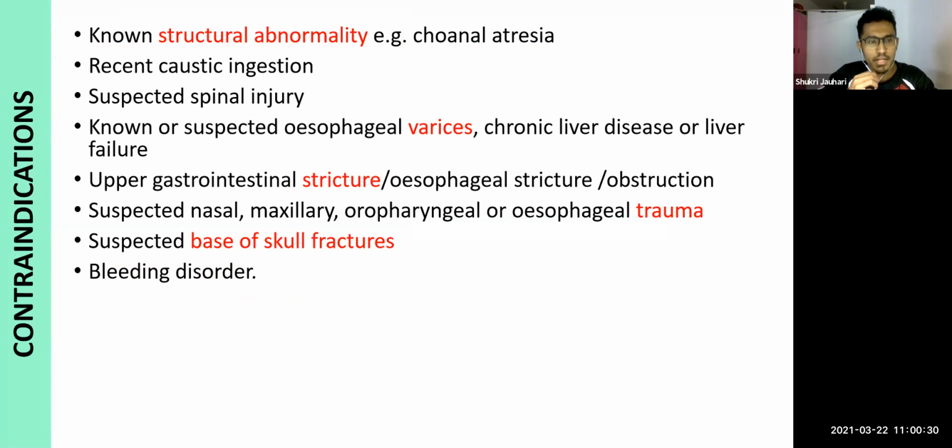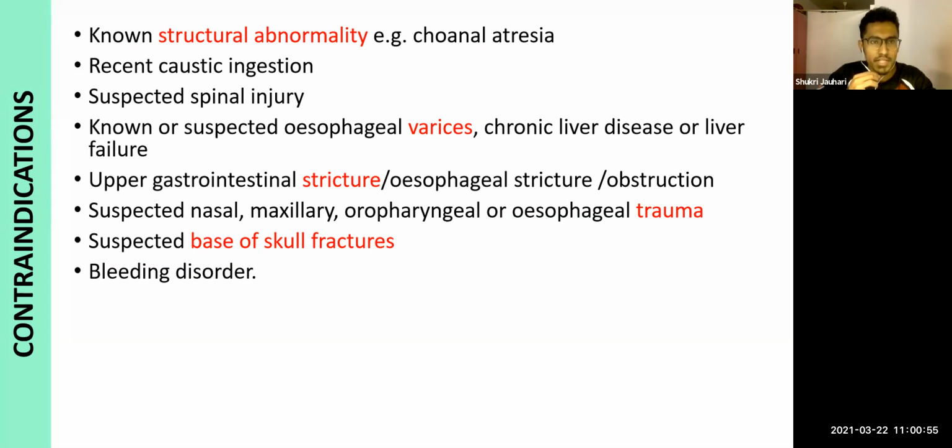Okay, so these are some of the contraindications of the orogastric and nasogastric tube. The first one, if there is any structural abnormality, for example choanal atresia, in which the nasal passage is not connected to the pharynx. The second one, if there is any recent caustic ingestion. Caustic is any corrosive ingestion taken by the patient.